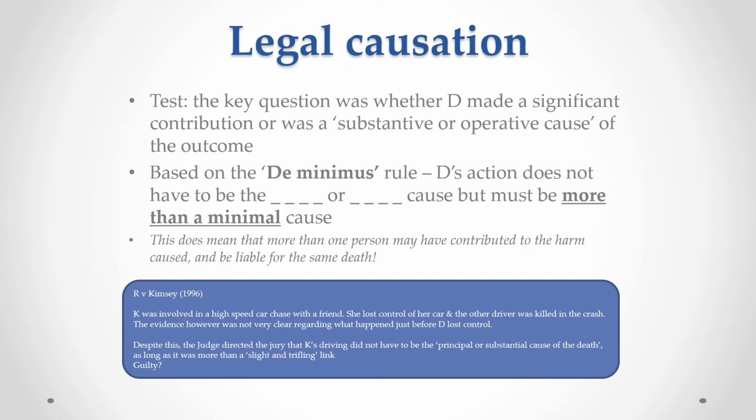So if you were to go back to that first scenario I gave you with Dave being killed, if you were to apply both of these tests that we've gone through now, both of these rules, you could argue that but for Lewis pushing Dave off of the building, he would not have died.